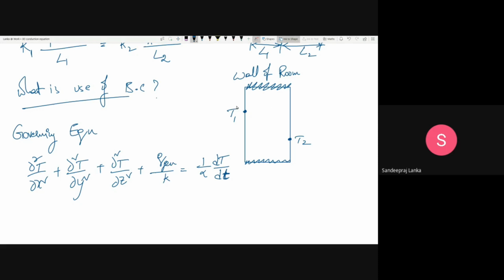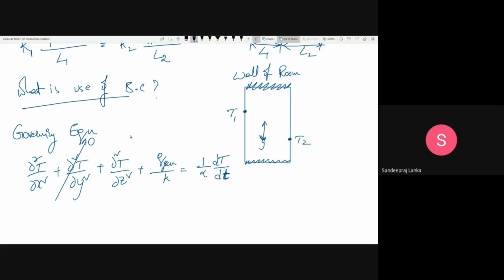Now, if you look at this wall, you will have temperature variation only in this direction, from inside to outside. In the vertical direction, that is the y direction, there will be no heat transfer, so this can be neglected.